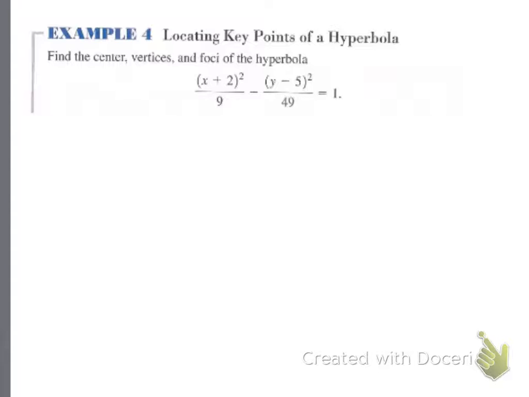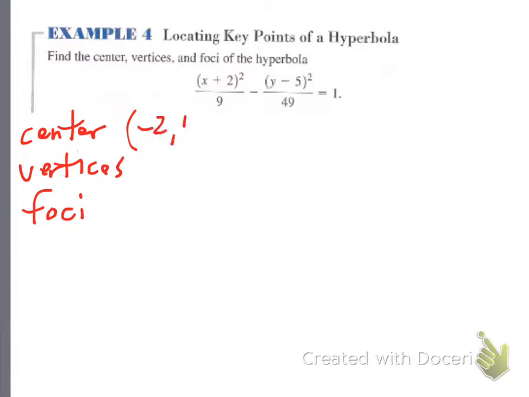Now, they want us to find the center, vertices, and foci of the hyperbola. Center's easy, -2, 5. Just get it from the parentheses. Now, where's the bigger number? The bigger number is underneath y.